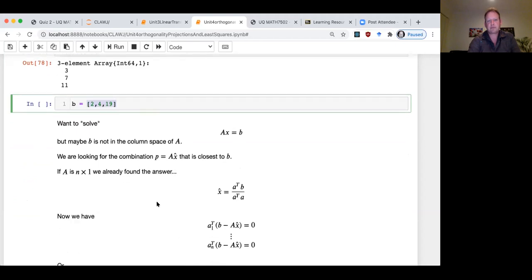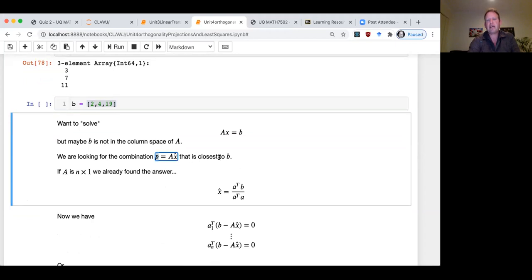So we're looking for some vector p which is, in a sense, closest to this b that we want. Let's draw an illustration for that. We've got 3 minutes, so we could start it, and then we'll take a break.